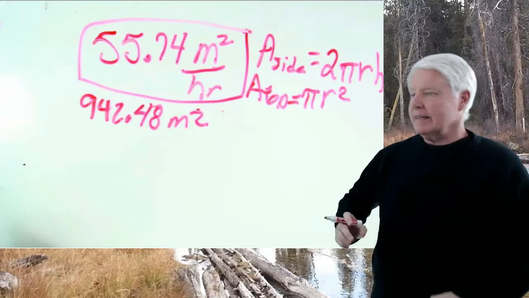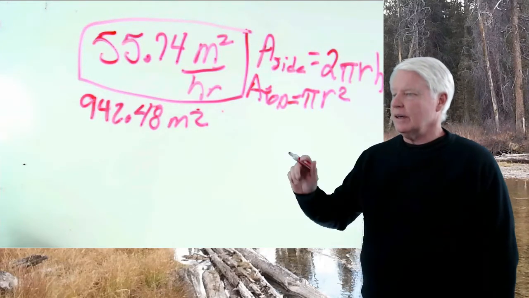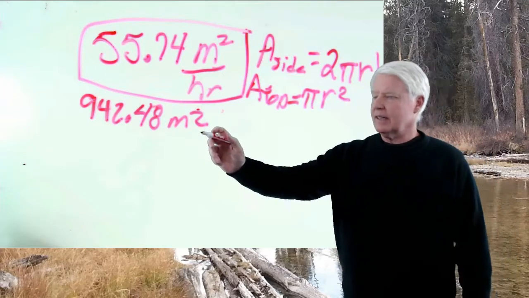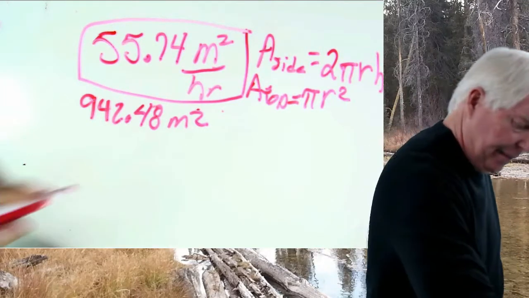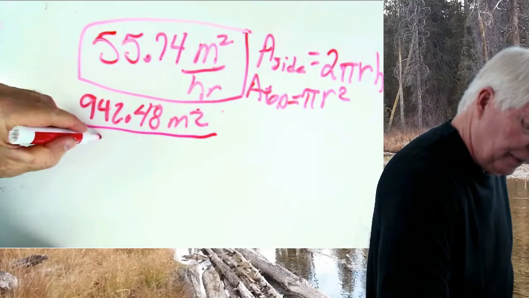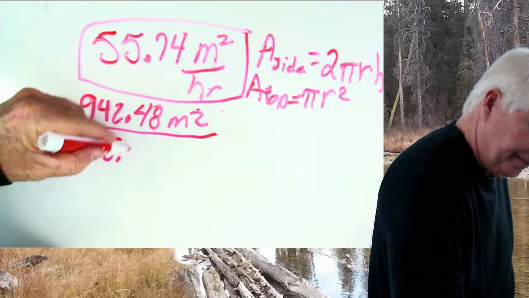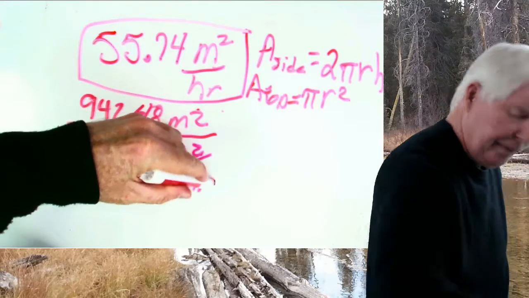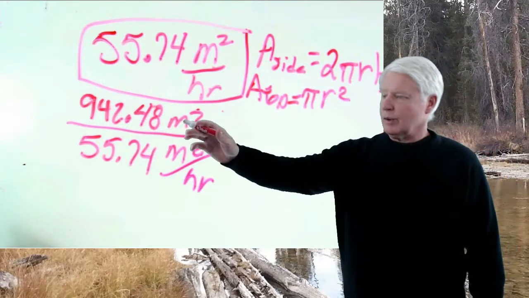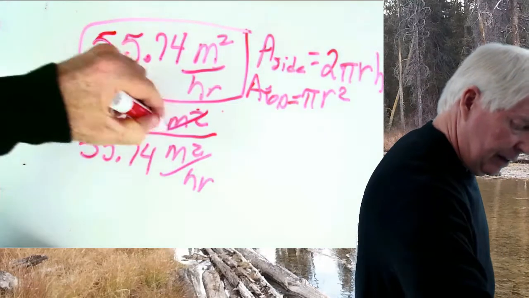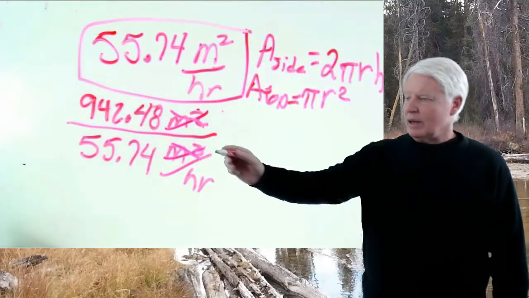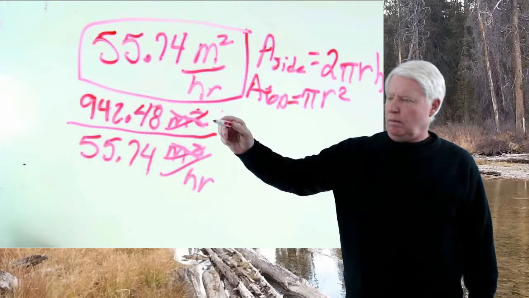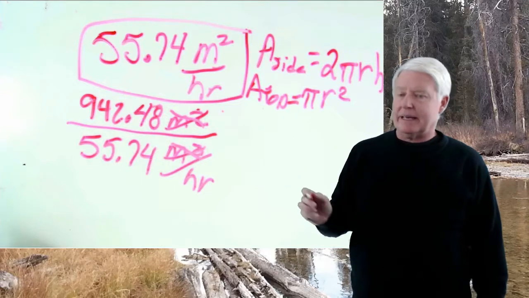All right. Now that I have that, I want to know how many hours. So I'm going to leave this in the numerator, and I'm going to put this in the denominator. Now the meters will cancel, and when you have a number like this, meters per hour, it's invert and multiply, so hours will actually end up here.